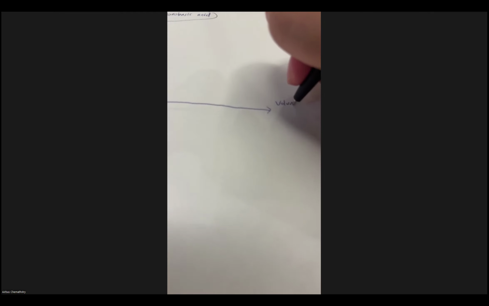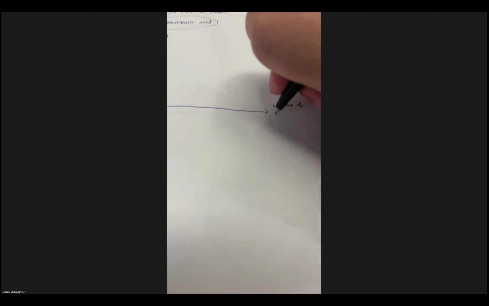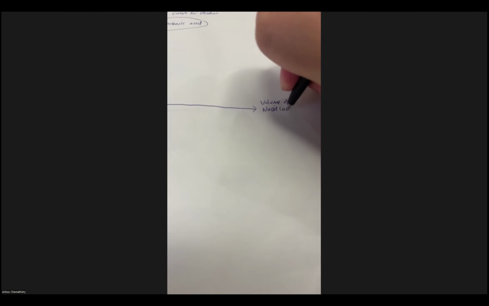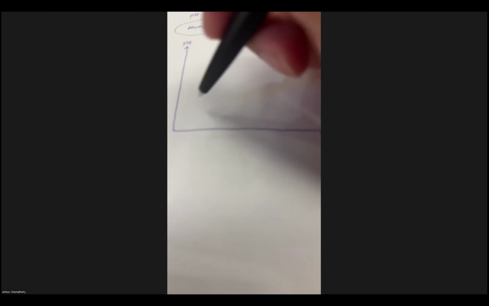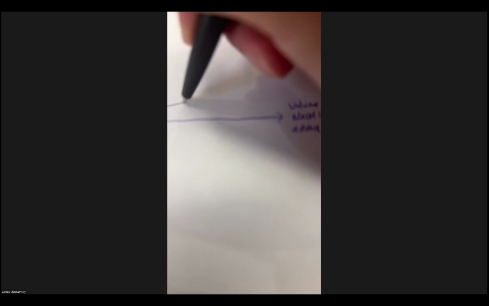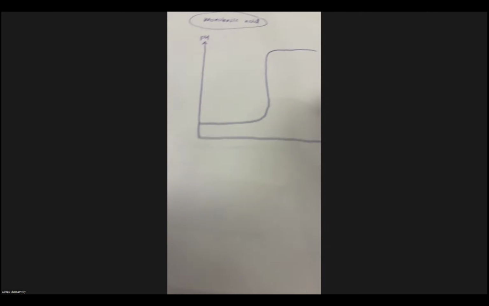In the burette, let's say I put volume of NaOH added. For monobasic acid, very easy. It is just going to be like here, and then there is going to be a sharp change in pH at the equivalence point. So this is monobasic acid.